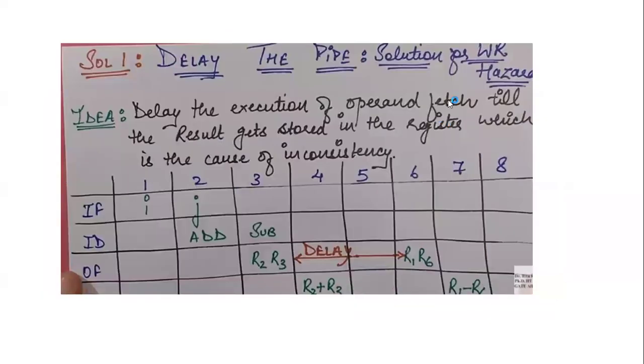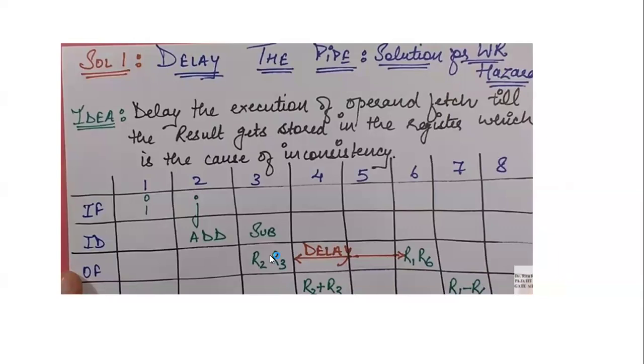The first idea is to delay the pipeline, that is, delay the execution of operand fetch until the result gets stored in the register, which is the cause of the inconsistency. Let's see the example. We take the same example of concurrently executing the two instructions. Clock cycle 1, I starts; clock cycle 2, J starts.